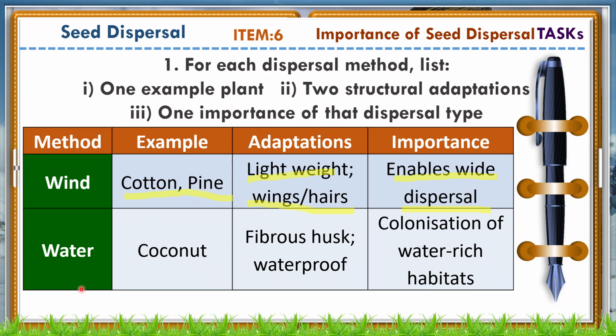We have the method of water. Example is coconut. Adaptation, fibrous husks and waterproof. Importance, colonization of water-rich habitats.